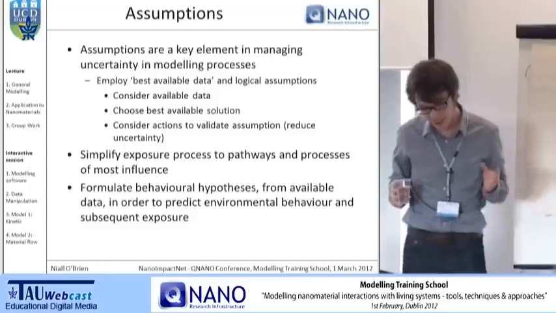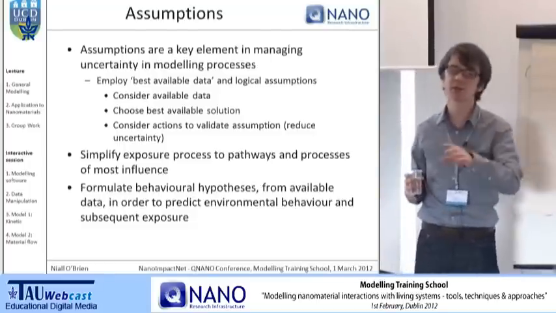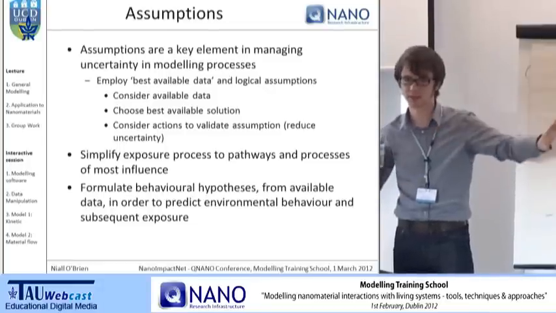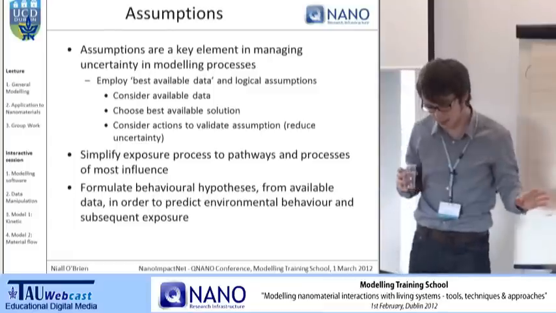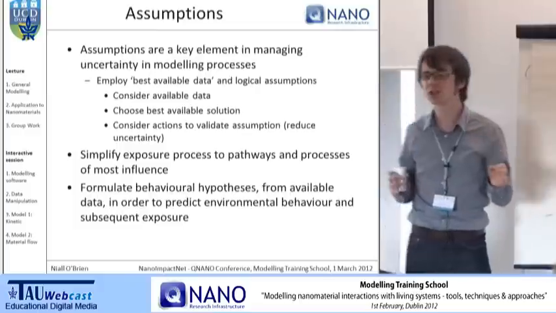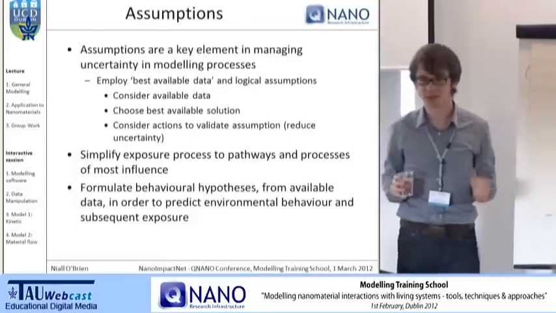So in the end, the aim is to develop a simplified model. So we whittle down through a series of assumptions. We start with an environment and we think, this is not of interest, this is extremely unlikely to happen. And then at the end we have a model, or a series of assumptions, that any logical person would agree with given the available information. So that's important.